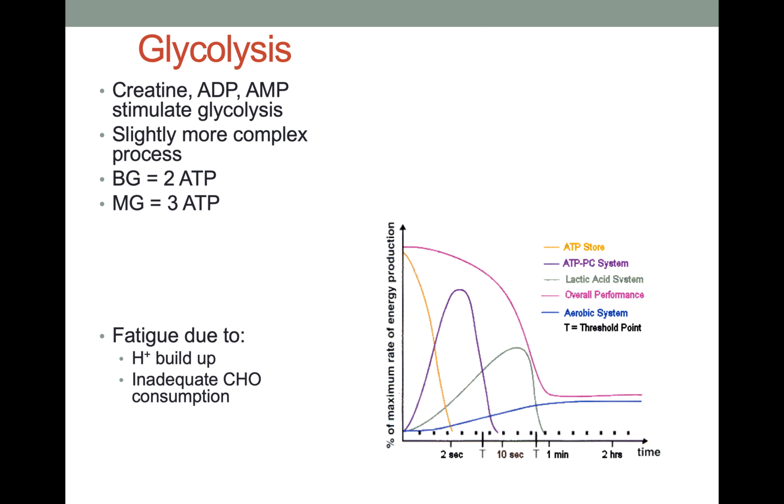So something that lasts about 45 minutes to an hour, then not only could hydrogen be the cause of fatigue, but inadequate carbohydrate availability could start to cause fatigue. So that could be due to glycogen depletion or beginning to deplete glycogen, or it could also be due to inadequate carbohydrate consumption.